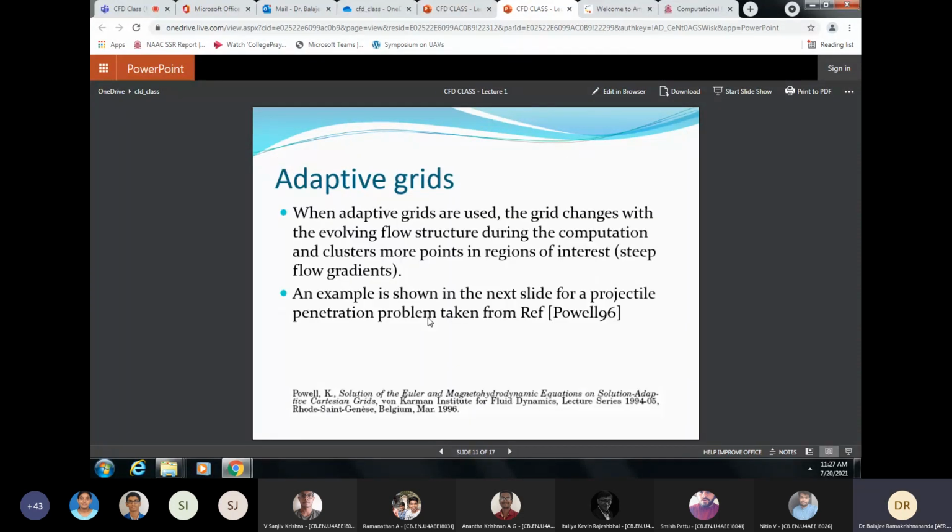Okay. This is an important concept you should know, which is adaptive grids. When adaptive grids are used, the grid changes with the evolving flow structure during the computation and automatically clusters more points in regions of interest. That is where steep flow gradients are encountered.